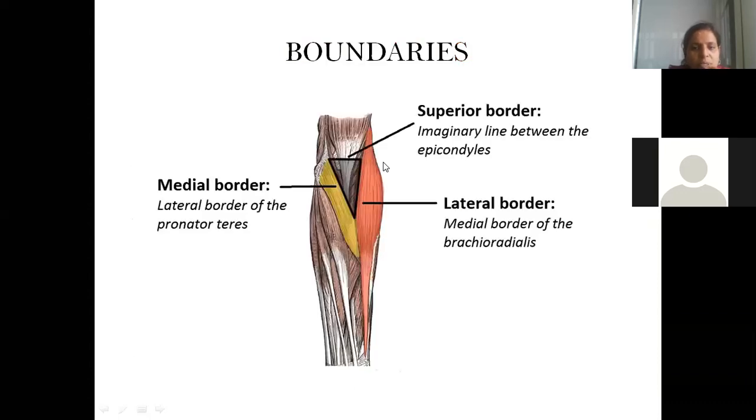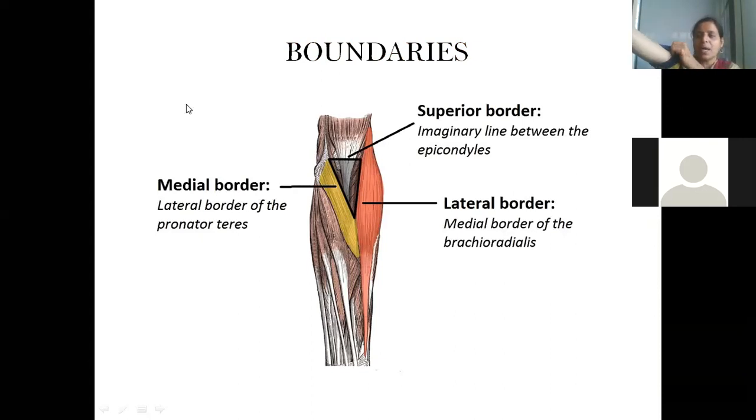Now from this picture we should always know which is medial and which is lateral. You can see here, this depression right in front of the elbow joint is the cubital fossa. It has a medial border formed by this yellow muscle, which is pronator teres. Note this is the medial aspect of the diagram.